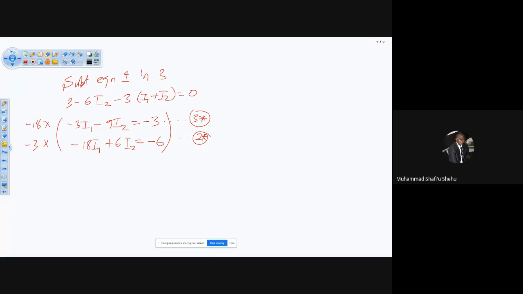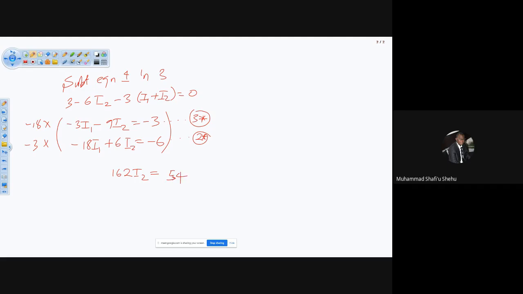Okay, so now by elimination, we're going to have positive 1.6 I2 equal to positive 54.